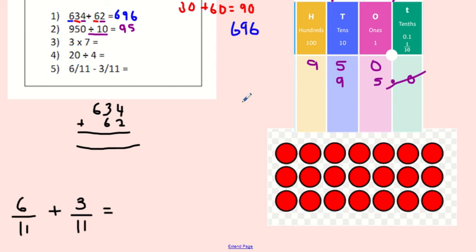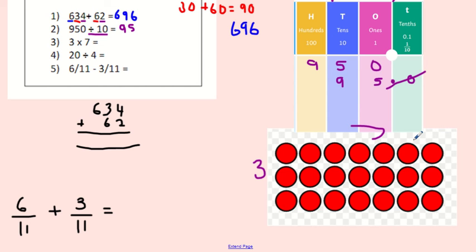We want 3 lots of 7. 1, 2, 3, 4, 5, 6, 7. So this is 1 lot of 7. And then we repeat. So we have 2 lots of 7 and finally 3 lots of 7. 3 times 7.